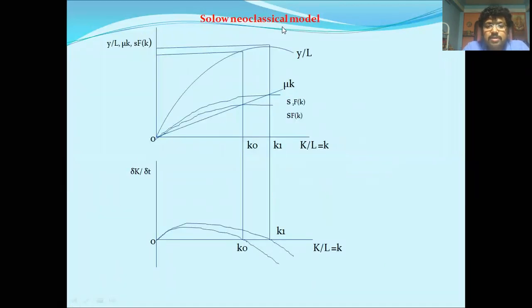If savings increases, look, this is the savings line. If savings increases, it will shift up, and a new equilibrium will be reached at a new capital labor ratio, at a new output per head.